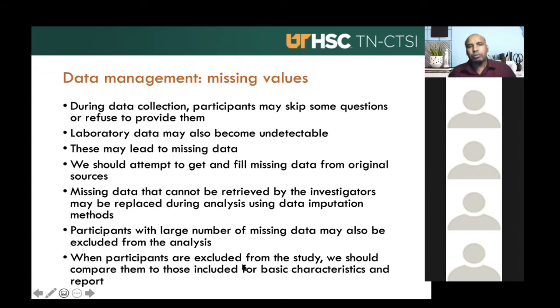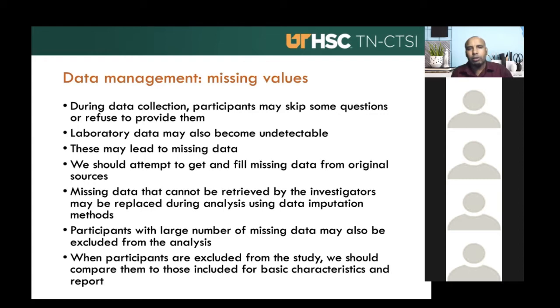Missing values are another important attribute, usually problematic when data are collected and when we conduct data analysis. During data collection, participants may intentionally skip some questions or refuse to provide them.